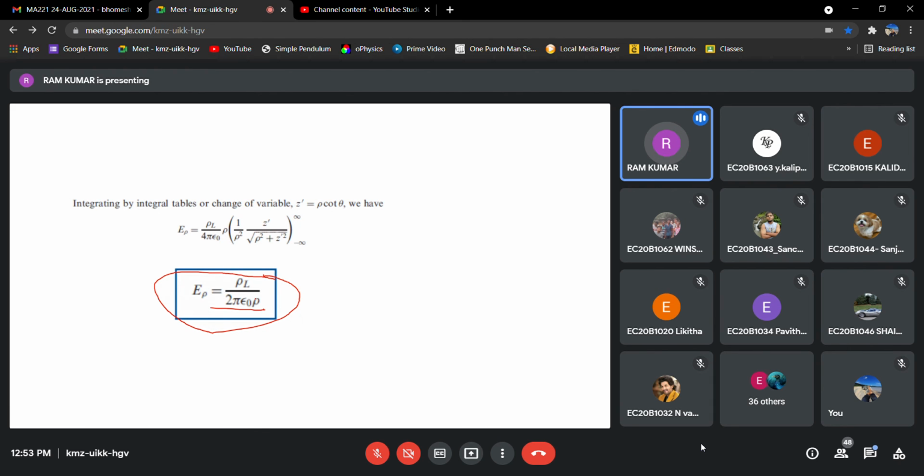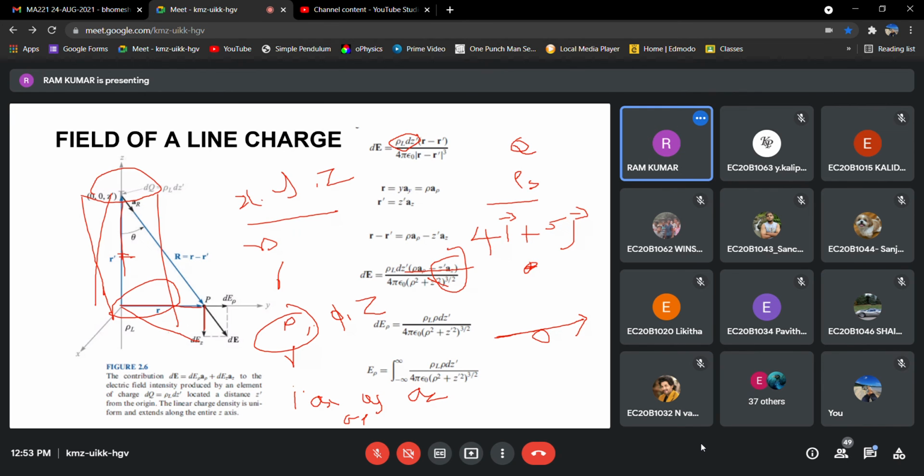Rho L by 2 pi epsilon naught rho. It means what parameters should we know? What is the line charge? Rho L. And what is rho actually? Rho is the distance between this line charge and the field point, as this is considered in cylindrical coordinates.